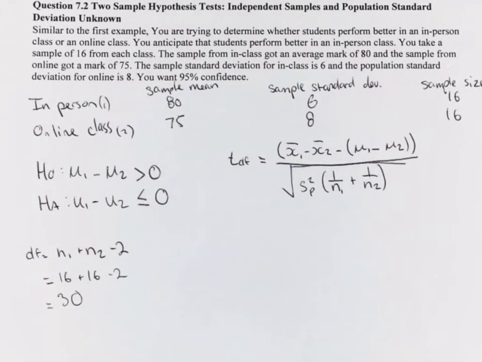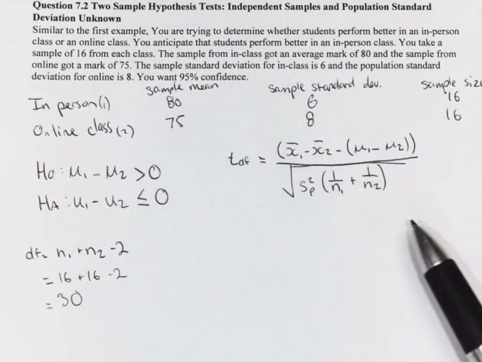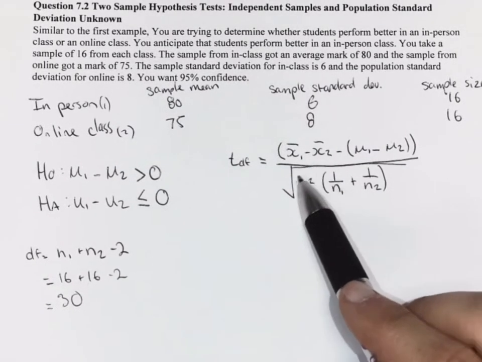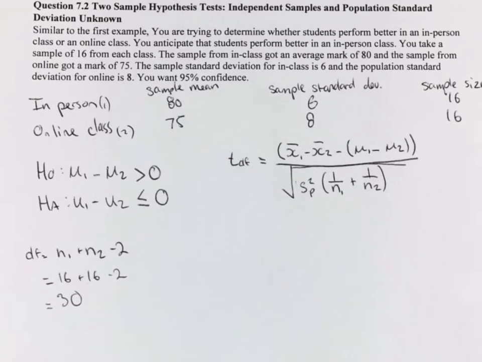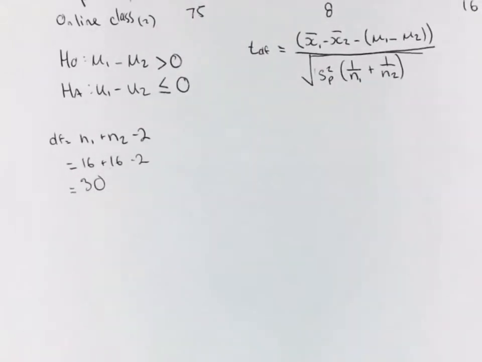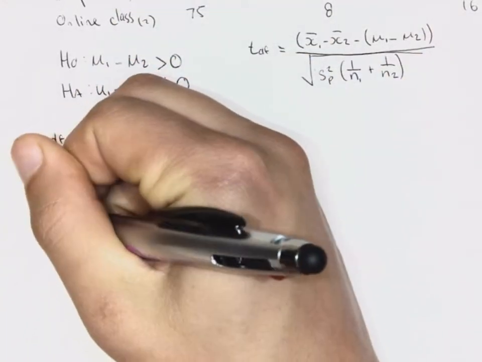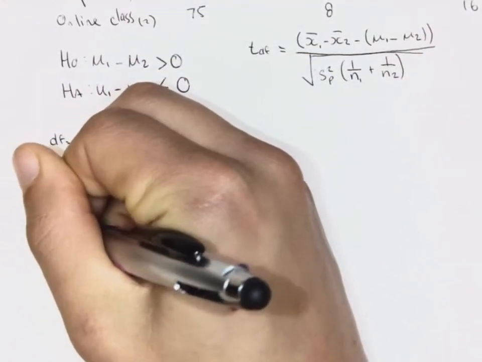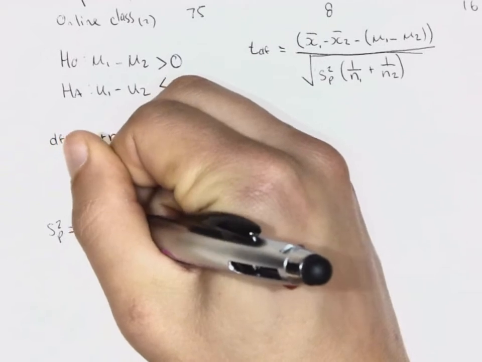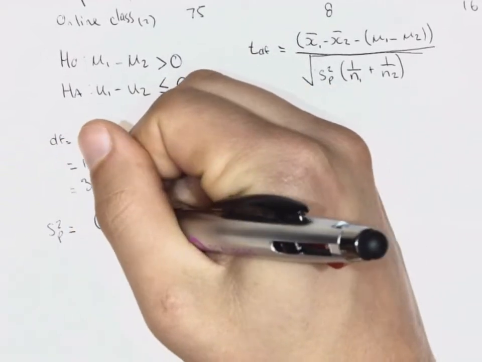This formula also requires us to determine our pooled sample variance, this right here. So we can have a look at that. Our formula for the pooled sample variance looks a lot more complicated than it is.